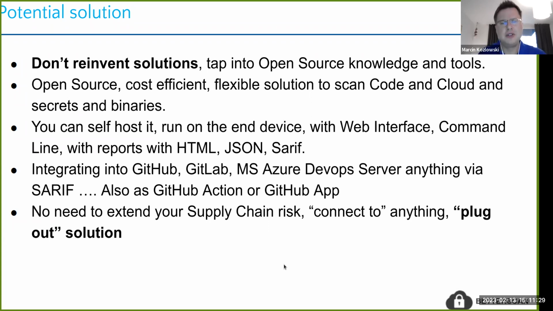You can run it totally separate, even without the internet, on private code, like air-gapped systems. Because many solutions require you to get a token, and with this token, the vendor actually can get access to the assets.